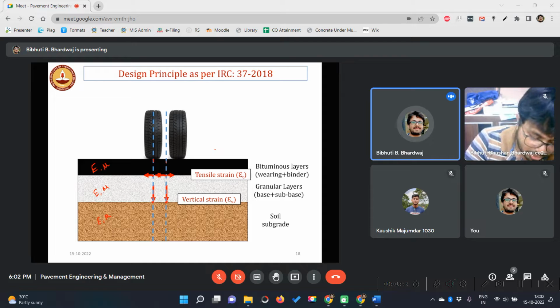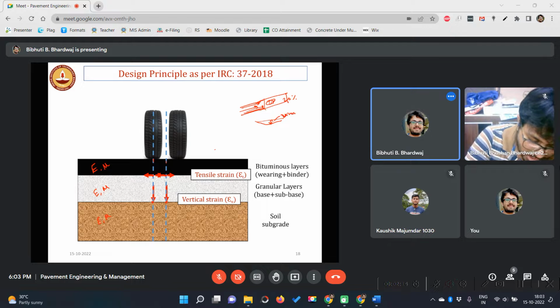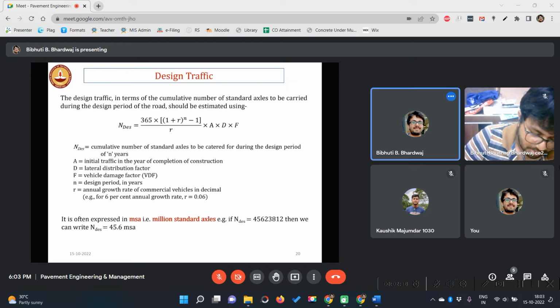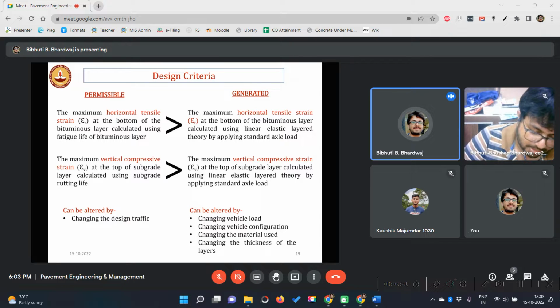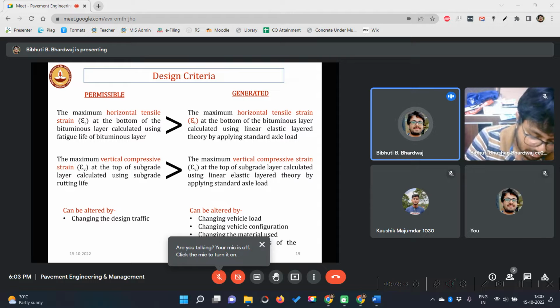But we also know what the traffic is going to be on that particular road, and we know that the failure criterion is 20% cracked area in that entire pavement, and in case of rutting the average depth of rutting should be 20 mm. Now, if you remember, we discussed some formulas, which are again coming after a few slides, but just remember this thing.